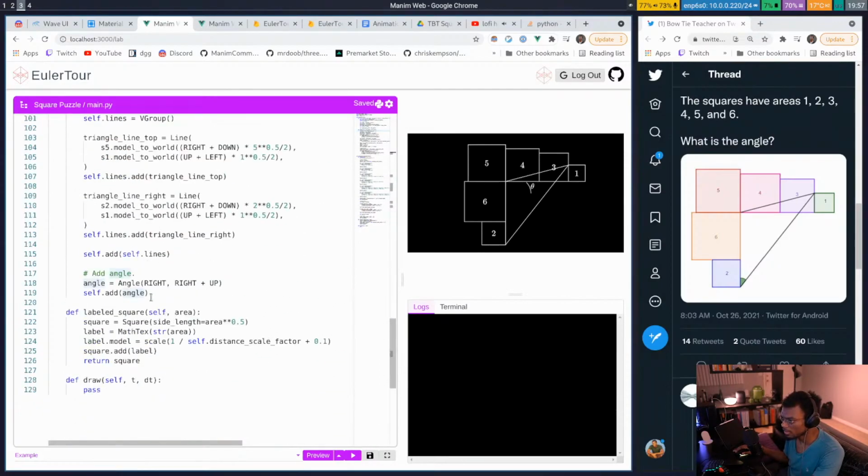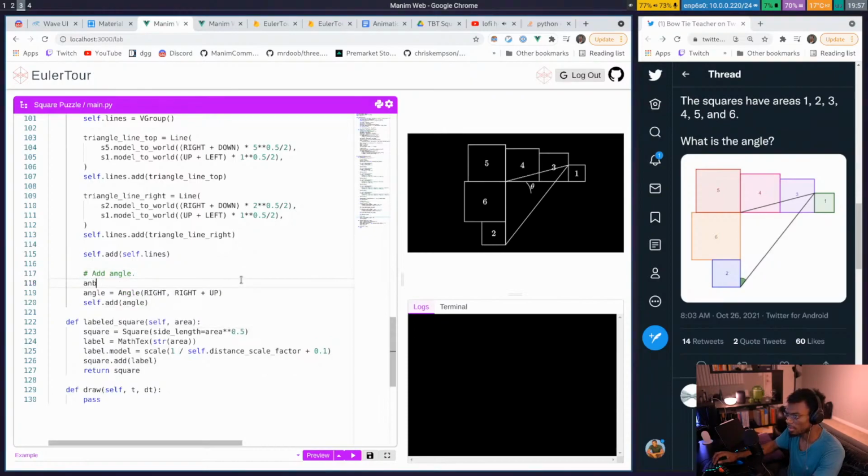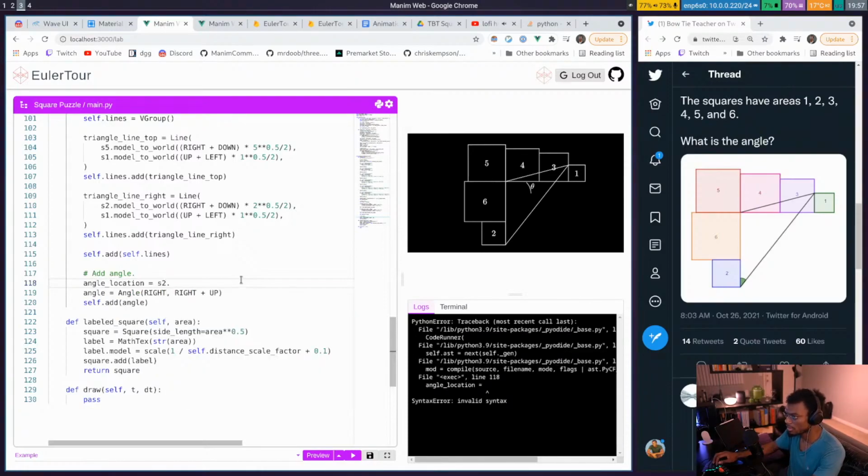So now all I should have to do is move it to the right place. So that's the angle. Let me say angle location. That's s2 dot model to world.